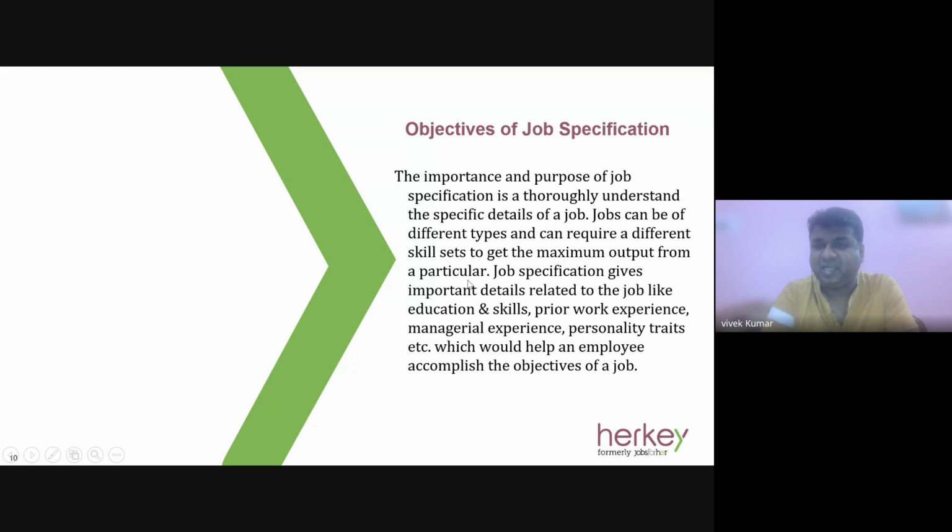So you can highlight those things in the job specification, saying you have to handle a team of 30 sales managers in this particular state because you are being hired as a sales manager at the state level. And there would be some additional work like daily reporting, daily meetings, calls, setting expectations, tracking the targets for each individual rather than your own sales target.